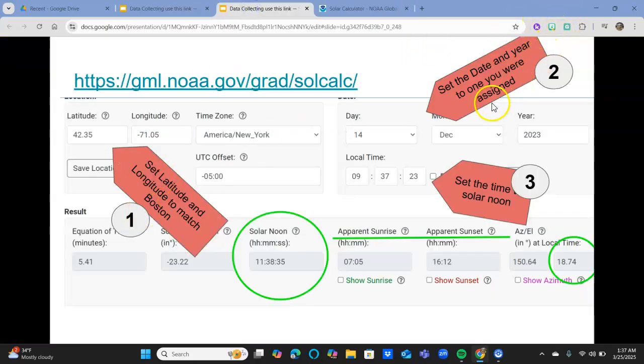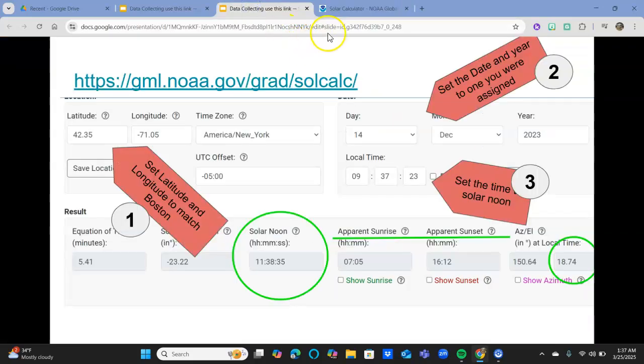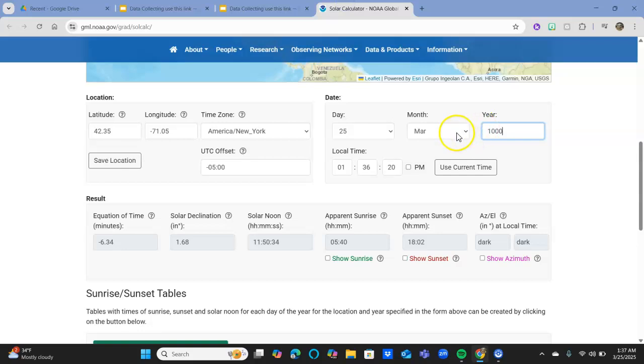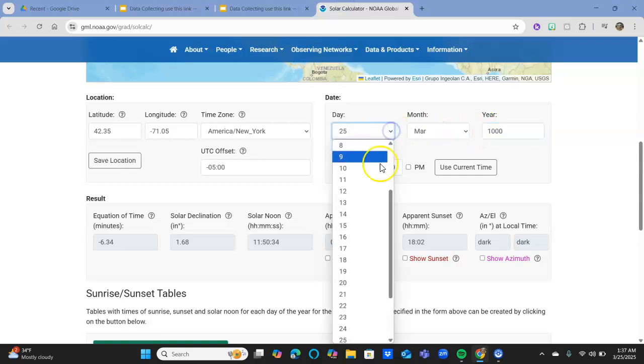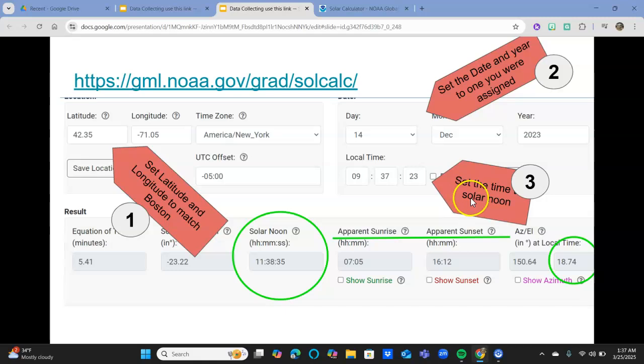Step 2, the year. So again, let's say I was assigned year 1000. Year 1000, March 25th. Now mine says March 20th. So I'm going to go to the 20th, just to be specific. Okay. And then the last part says, set the time at solar noon.